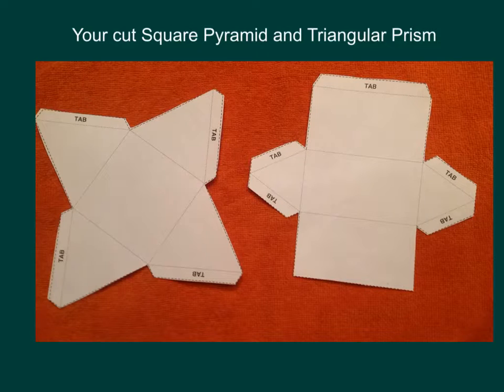This is how your cut square pyramid and triangular prism will look. Here are the tabs that you will fold and tape or glue. You fold here, here, here, here, because the base of your pyramid is square. Here are your tabs on your triangular prism.